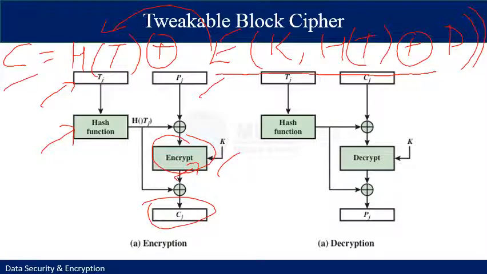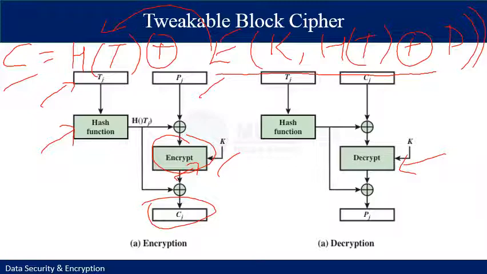So as discussed, H is a hash function. Similarly, for decryption, the same structure is used with the cipher text as input and decryption as the function instead of encryption. So the only change here is that the function of encryption is replaced with the function of decryption.